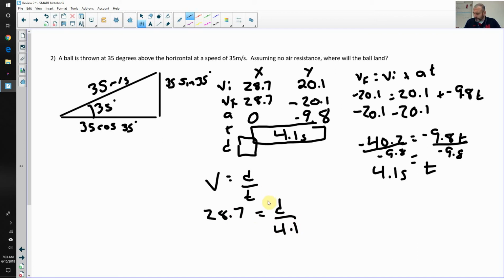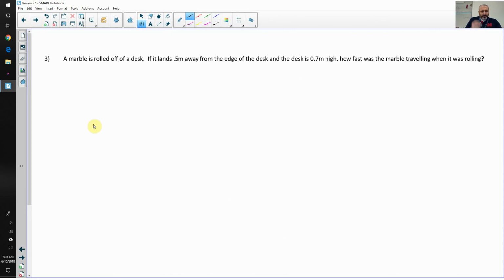And if you play your cards right, you should get d equals 117.6 meters. Can't read my own handwriting. Surprise. 117.6 meters. Moving right along.